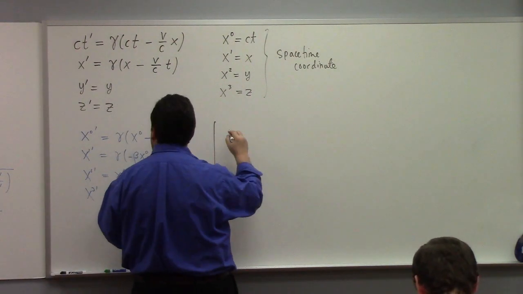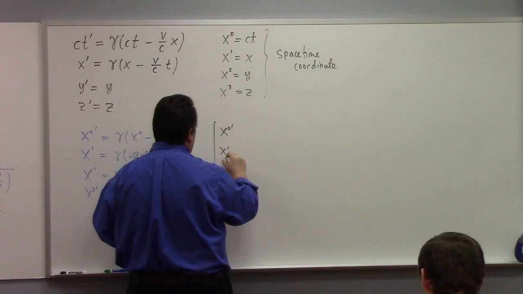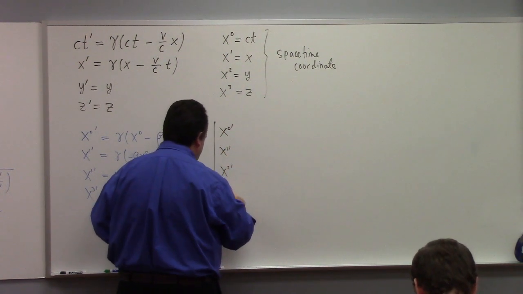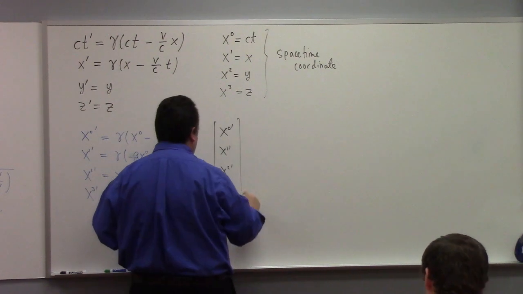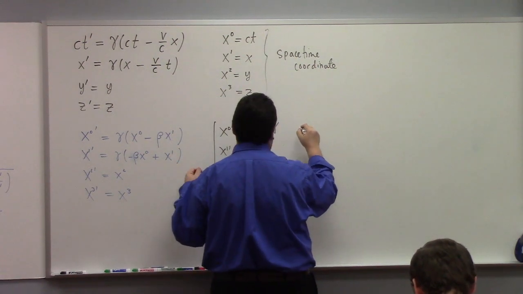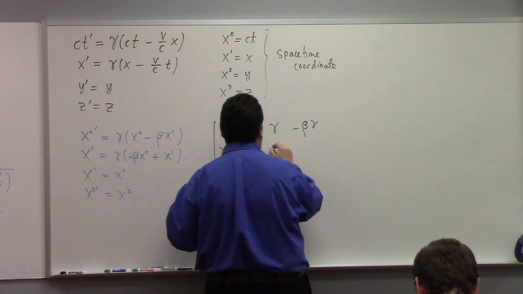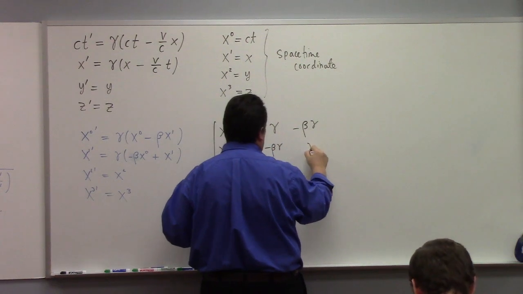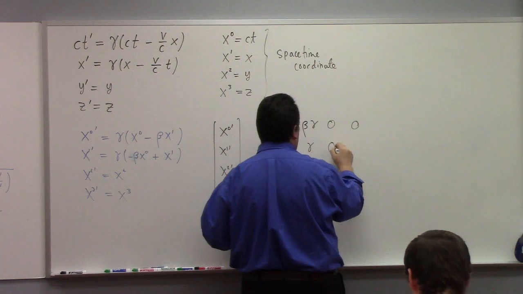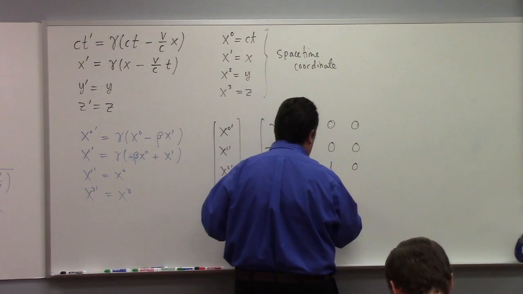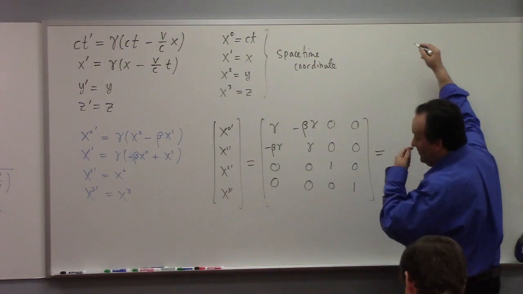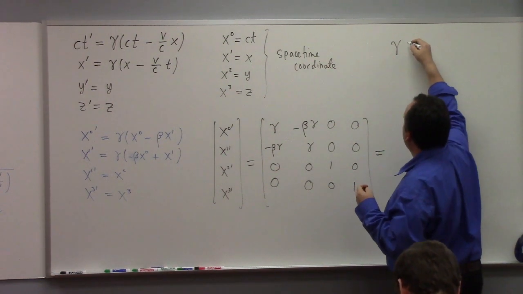So it's really just a box of numbers, right? So you can rewrite these as a matrix like this. The matrix is gamma, minus beta gamma, minus beta gamma, gamma, and then you've got zeros. Furthermore, you can introduce what's called the rapidity.